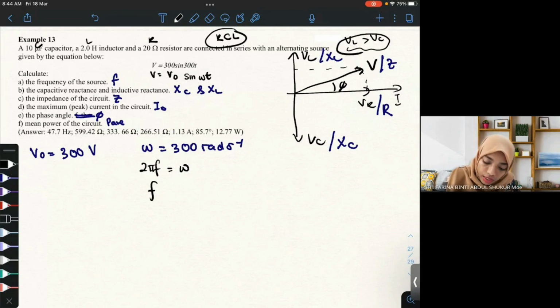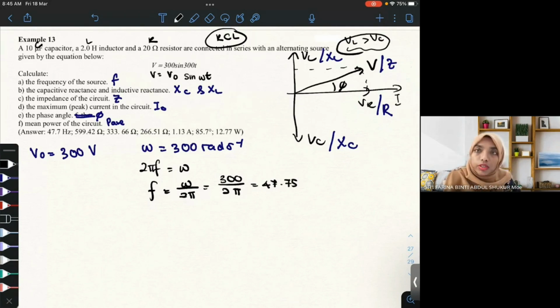So, F akan sama dengan omega over 2 pi. So omega adalah 300 bahagi 2 pi. So 300 divide, you get 47.75. Okay, 47.75. Unit jangan lupa.